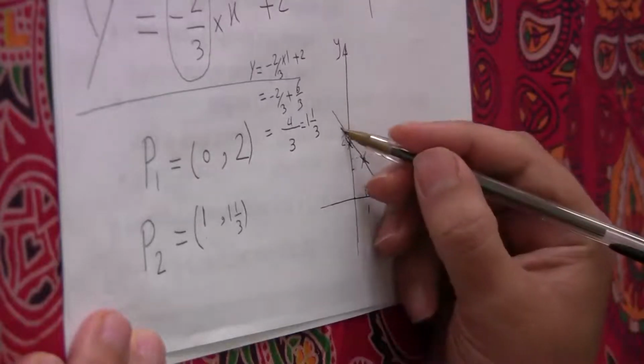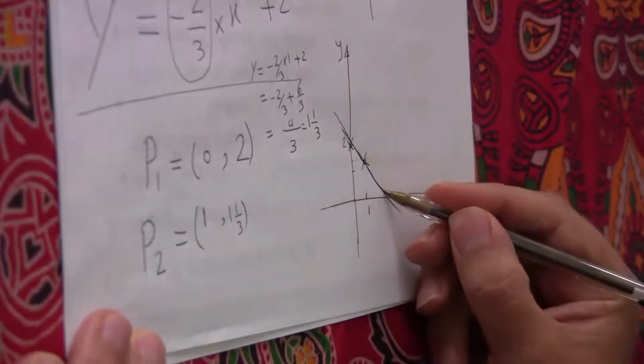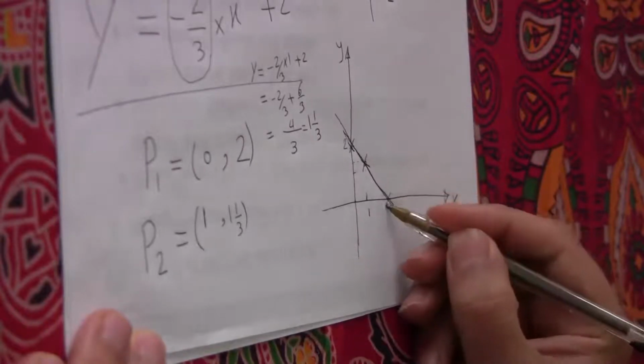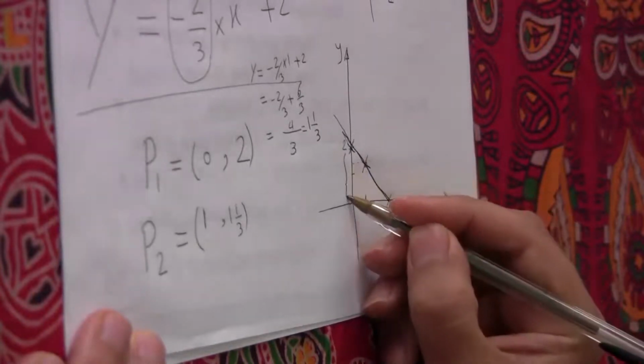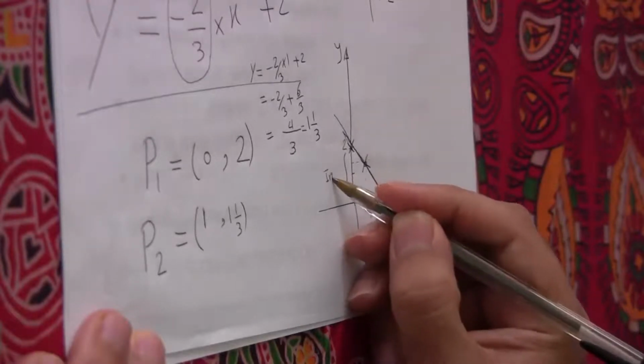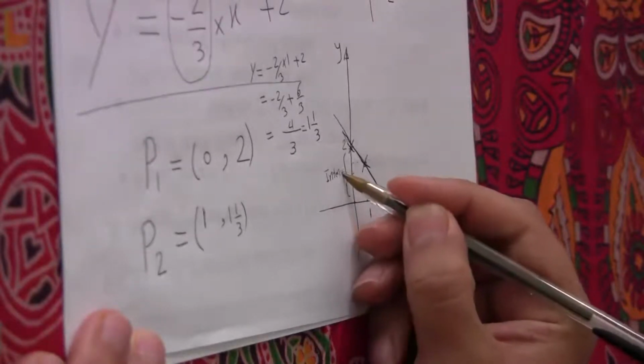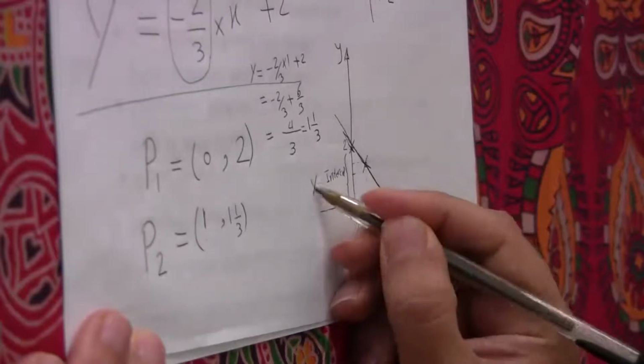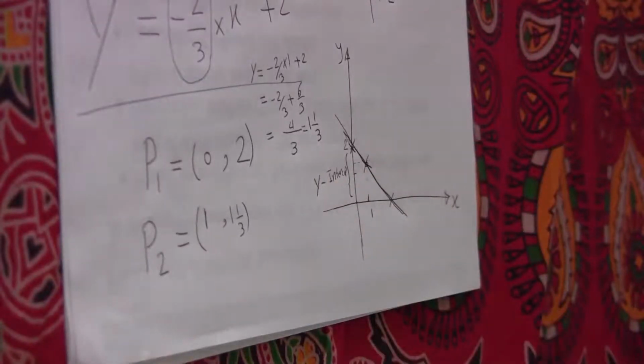This is a linear graph. And this one is the intercept, or sometimes it's called the y-intercept. Alright? Very nice. So far we understand how, by use of 2 points, we can draw a line.